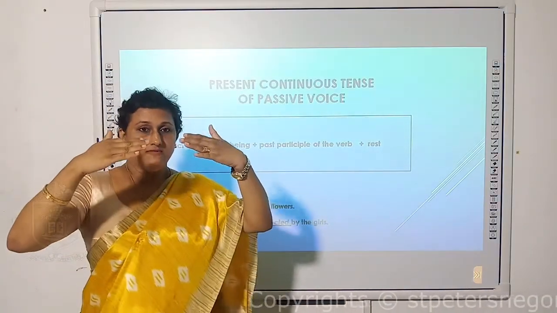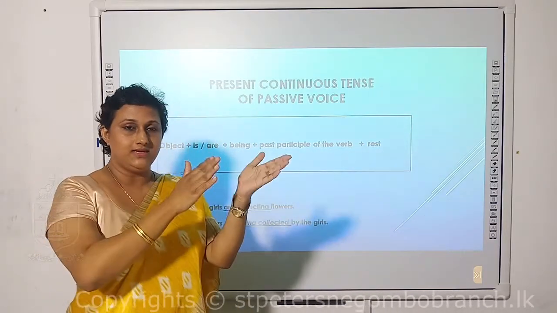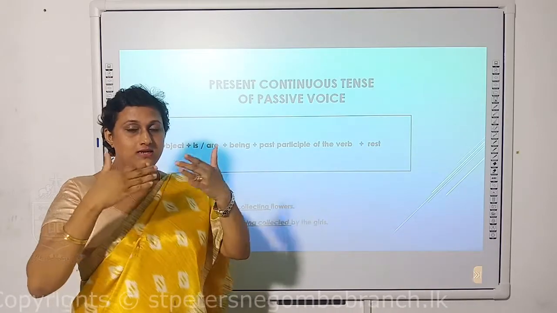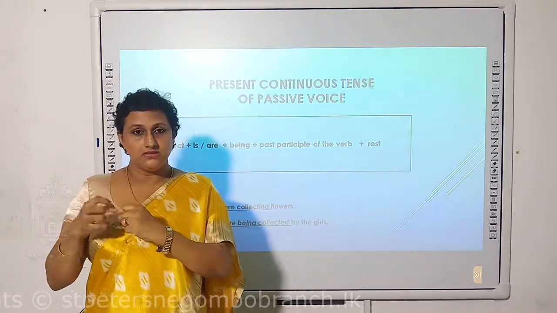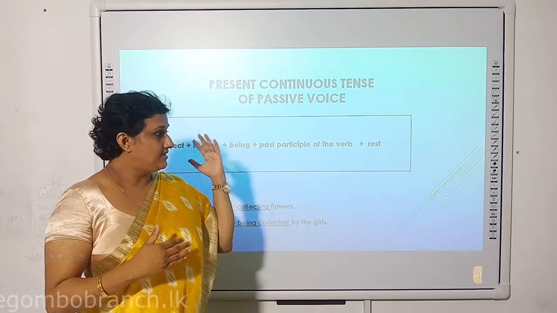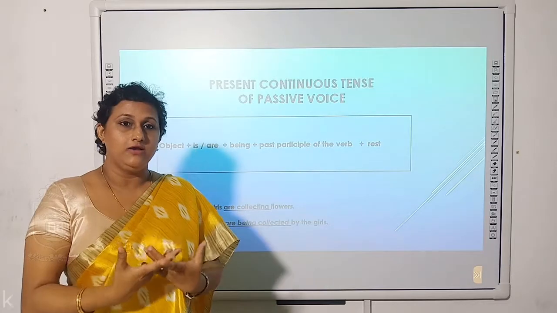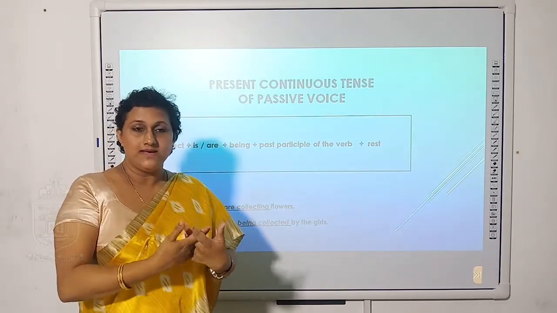Now we are moving on to the second set. First we discussed the first three: simple present, past, future. Now we are moving on to present continuous, past continuous and future continuous. Before I start, I told you all there are certain tenses which you cannot use in passive voice.